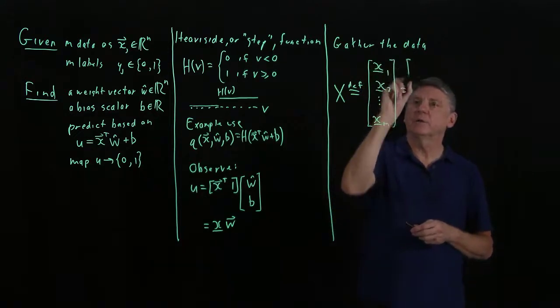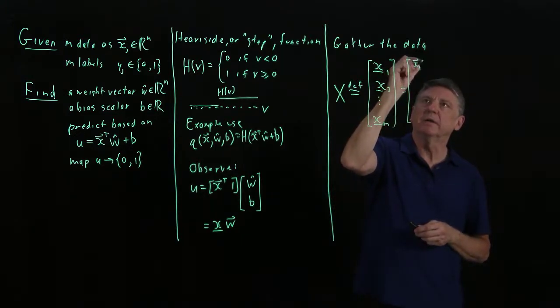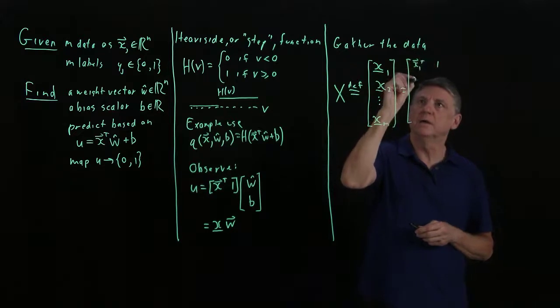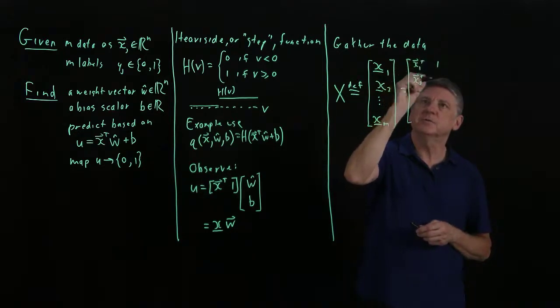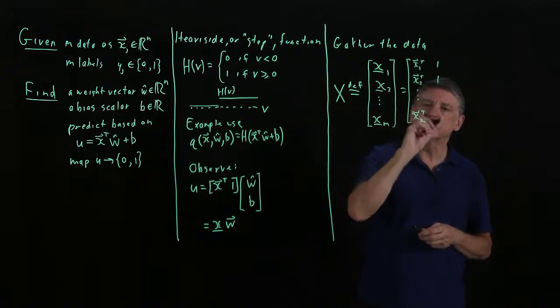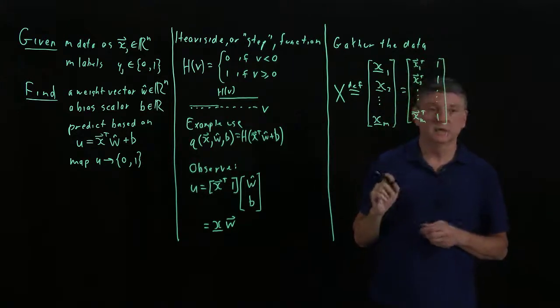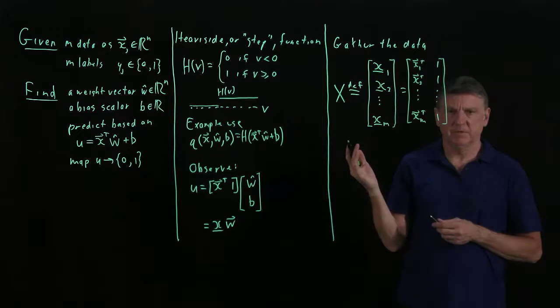Another way that we could write that is X vector 1 transpose followed by a 1, X vector 2 transpose followed by a 1, and continue until we get to X vector M transposed followed by a 1. These are different ways of writing the same thing.